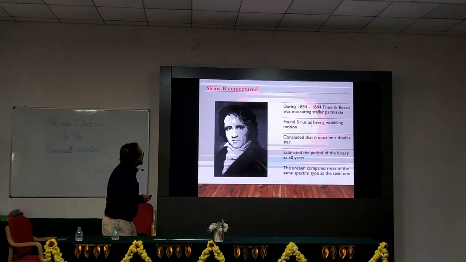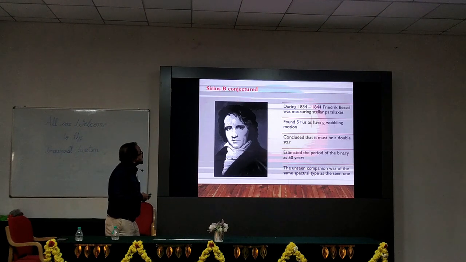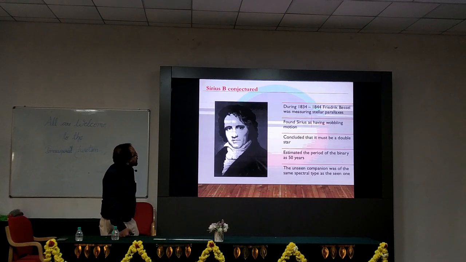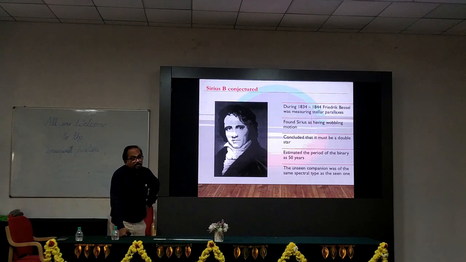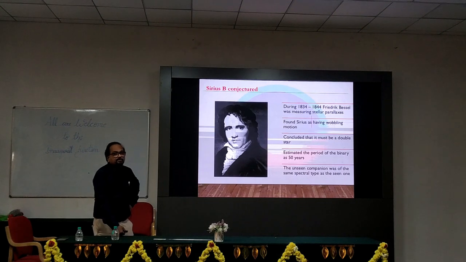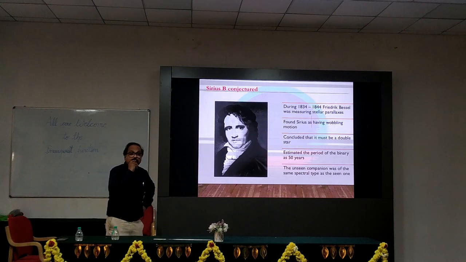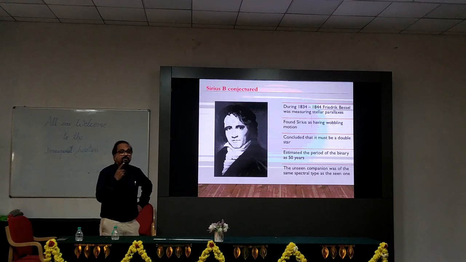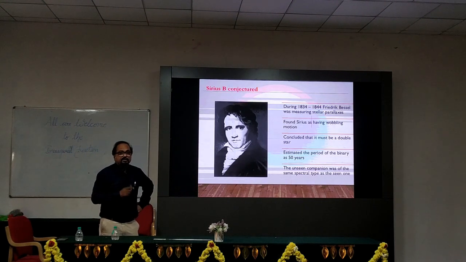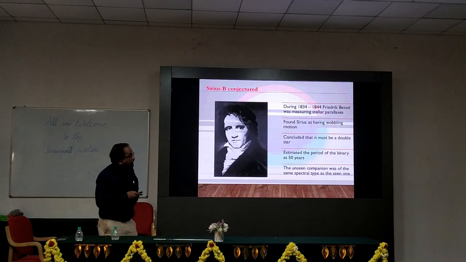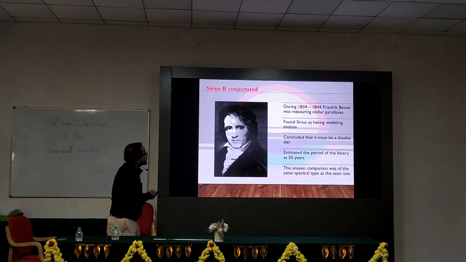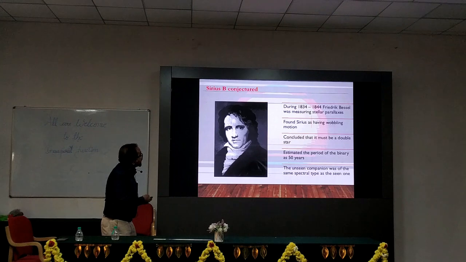So Bessel was trying to measure the distances to stars by what is known as the parallax method. Have you heard of parallax of stars? If you observe the stars from different positions in the orbit of the Earth, you see them appearing at different locations. That's parallax. While observing the brightest star in the sky, namely Sirius, he found that it was wobbling.